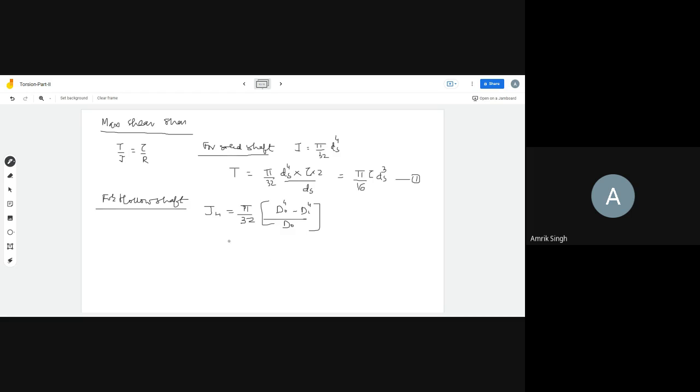you can do one thing. You can take the pi upon 32, and take DO to the power 4 as common. So it will be 1 minus DI upon DO to the power 4. That is given as 0.6.